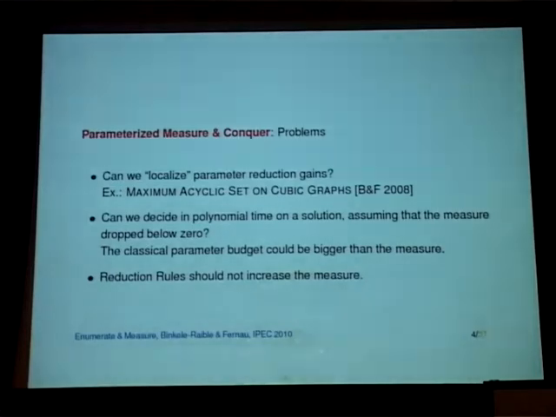You have to argue about it. That's part of the mathematics which slips in, which doesn't occur if you argue with a parameter n, say, in the exact case. And finally, you must also ensure that the reduction rules you use never increase the measure, which could happen if you are not careful about this.